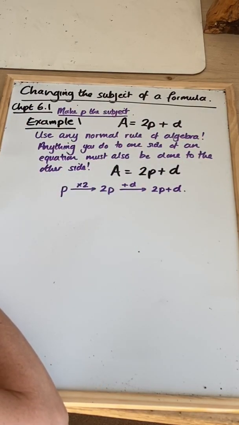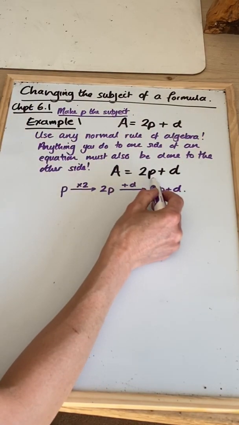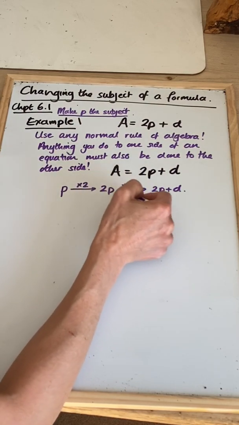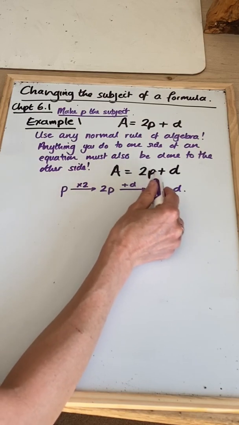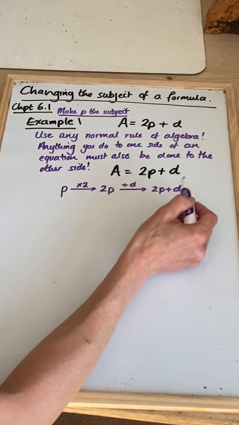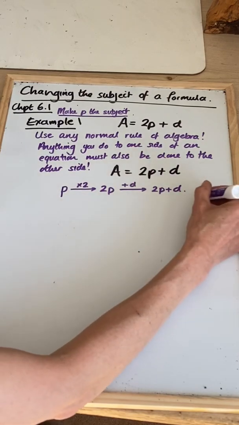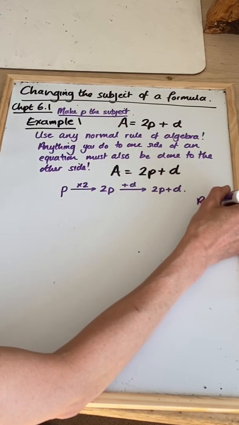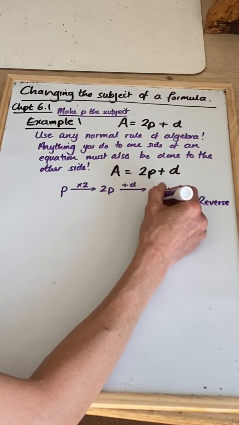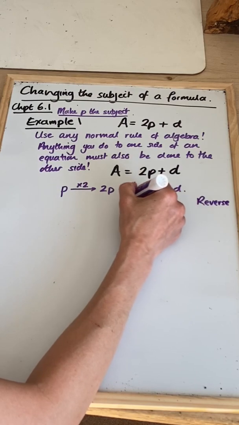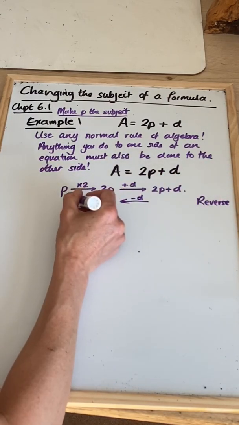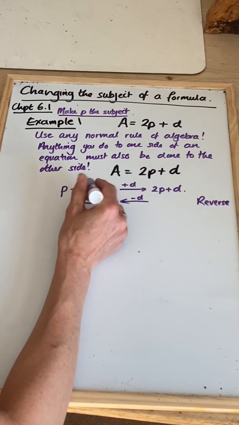If I want to get to the point where I've got a P on its own, I've got to reverse this. I've got to do the operations that have happened to this P to get it to be a 2p plus D in reverse order. So if I'm going to reverse this, I'm going to start off by subtracting a D, and then I am going to divide by 2.